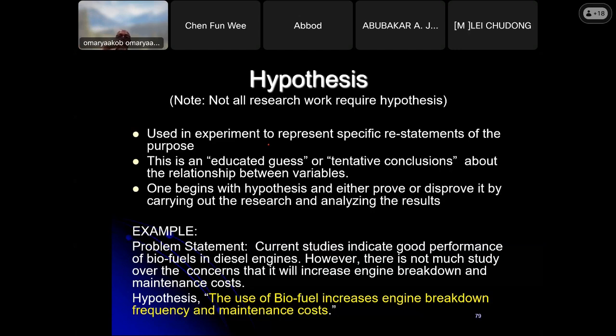You just look at the behavior of certain things. So there's no need for a hypothesis. If your research has this component as part of it, it could be you have a few objectives. One objective is to find the relationship or the cause and effect. Then you may want to put a hypothesis there. But otherwise, there is no need for a hypothesis.